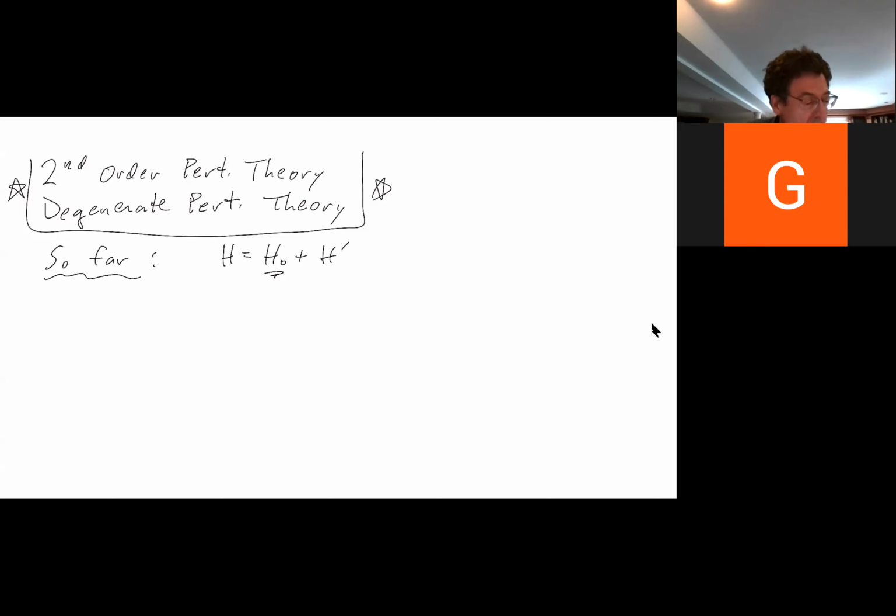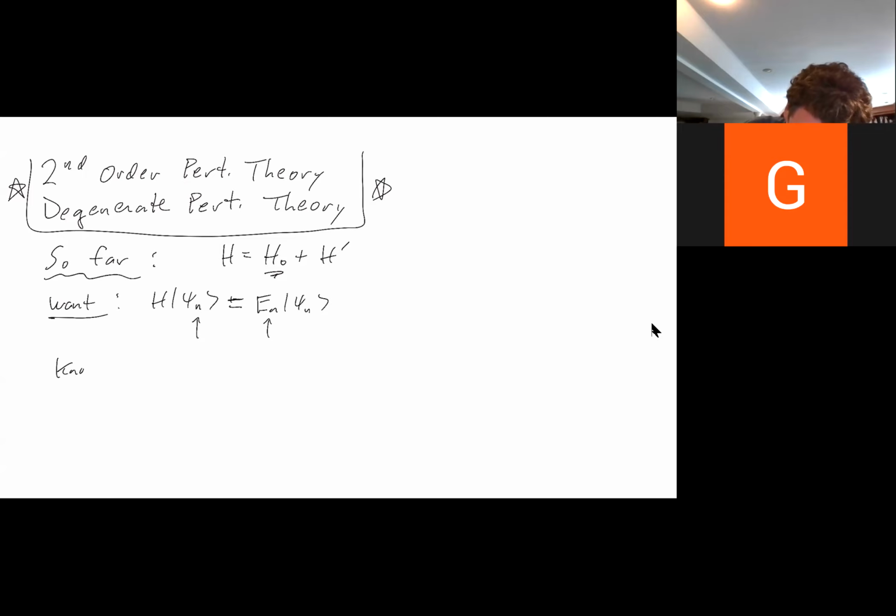And so what we want is to solve this problem, the Schrodinger equation. We want this, and we want to know what are these eigenenergies and eigenstates. That's what we want.